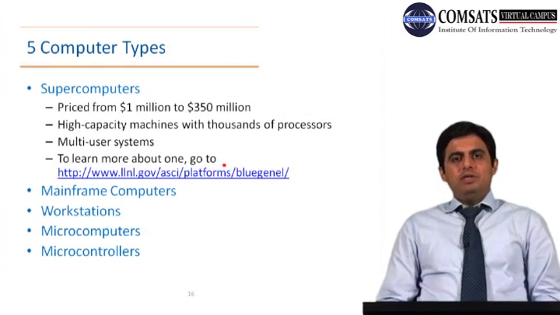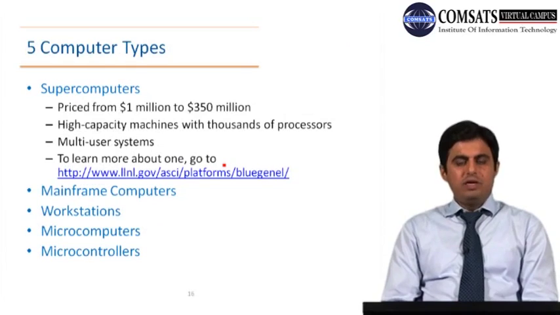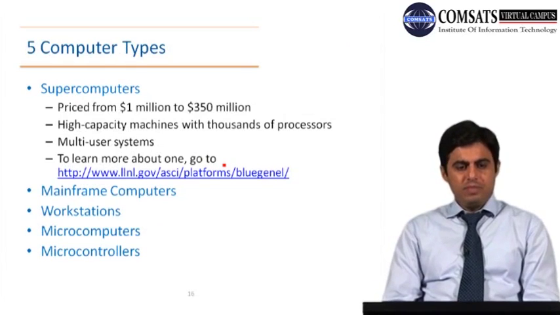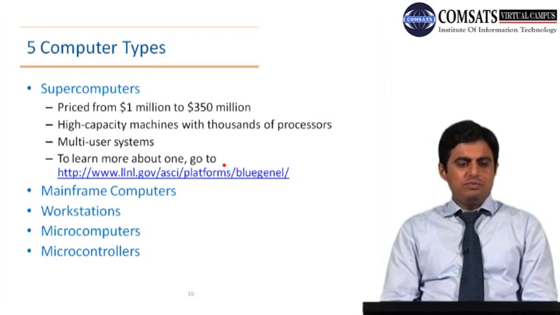Okay, now we will look at some of the types of computers which are currently available in the world. There are 5 types of computers. The first type is the supercomputer.